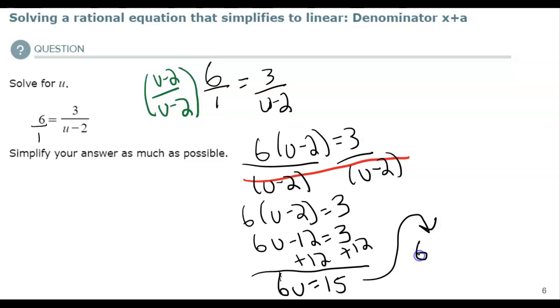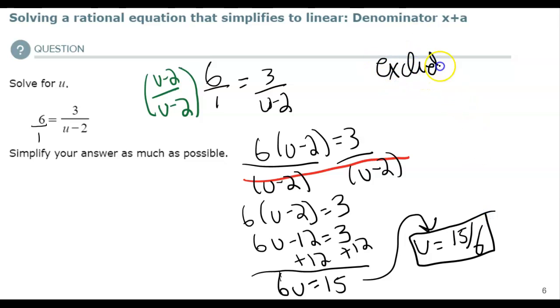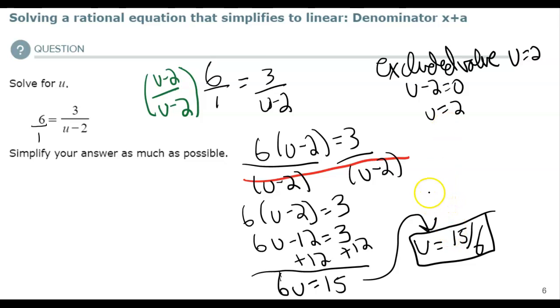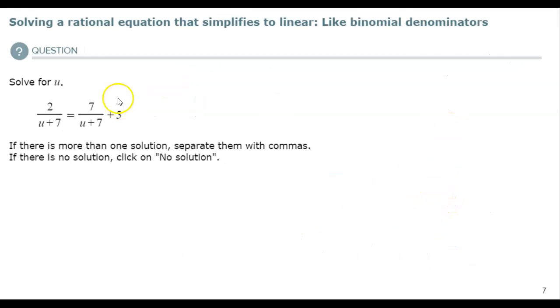So we should have gotten u equals, we divide both sides by 6. But we need to make sure that doesn't contradict our excluded value. So our excluded value, if I set u minus 2 equal to 0, would be u equals 2. But that is not the same as 15 divided by 6. Therefore, 15 divided by 6 is a fair value and is our answer.